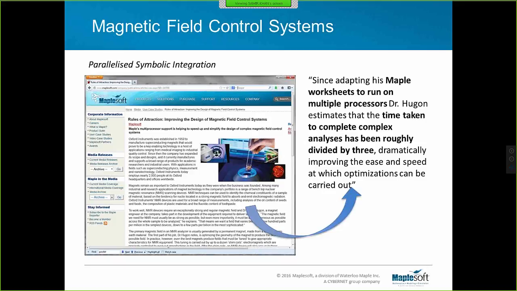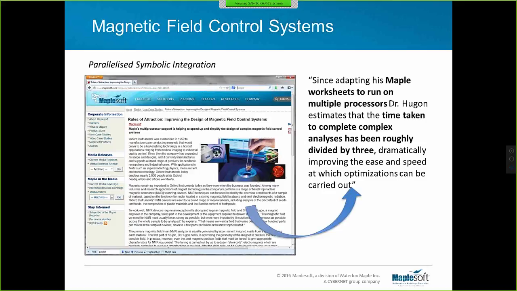These worksheets are typically complex and take a long time to compute. Their scientists have to repeat these calculations over and over again with small changes in the design parameters. This often means that they were spending a long time staring at a computer when they could have been doing something a lot more productive instead.